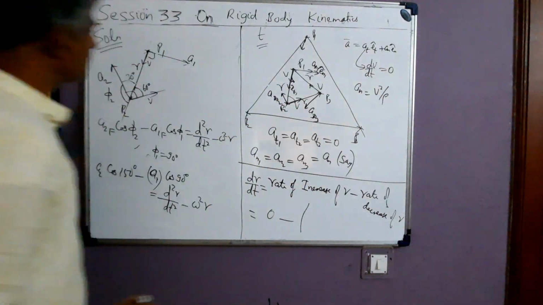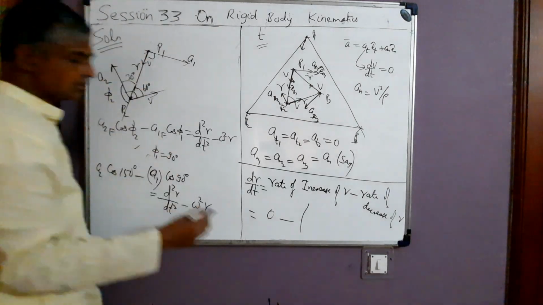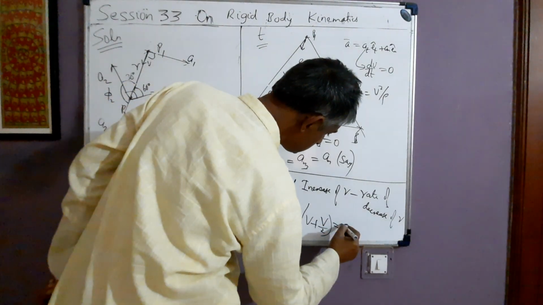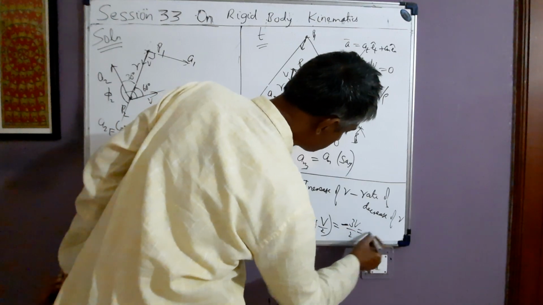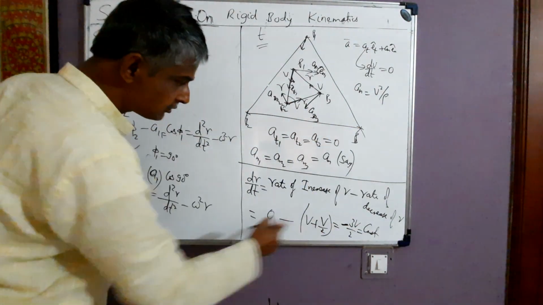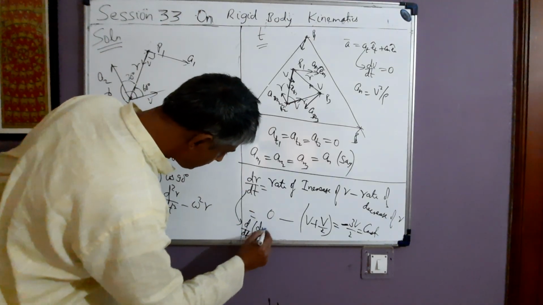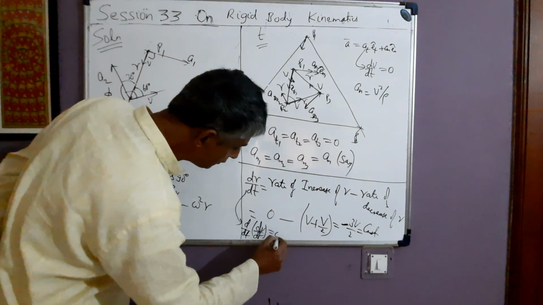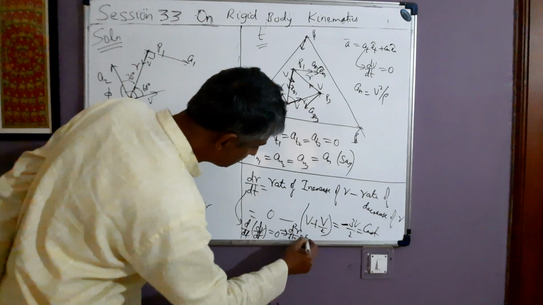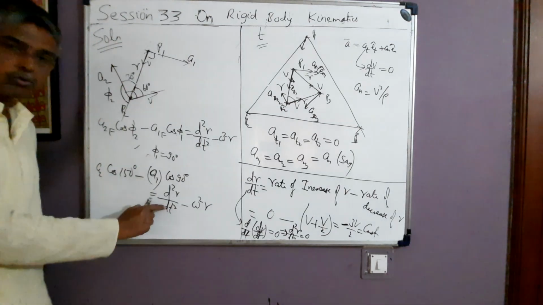Minus the rate of decrease of r, which is v plus v cos 60, that is 3v by 2. That is a constant quantity because speed v is constant. So dr by dt is constant. This means d by dt of dr by dt becomes 0, that is, d2r by dt2 becomes 0. So this term also goes away.